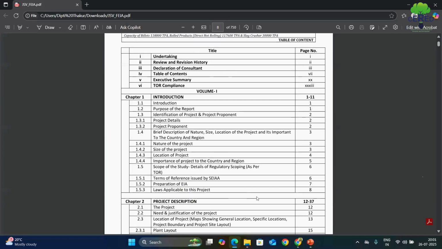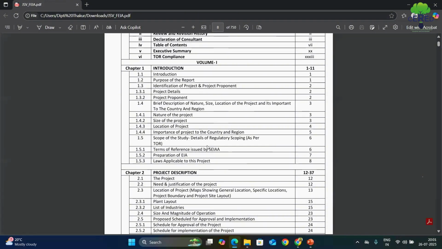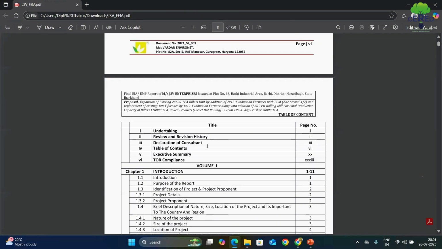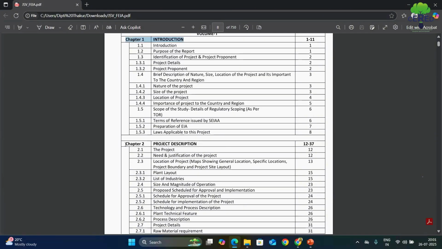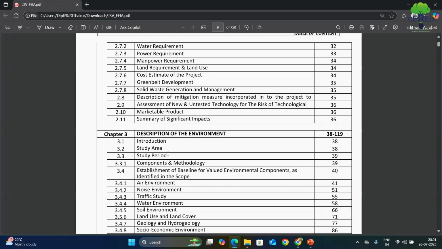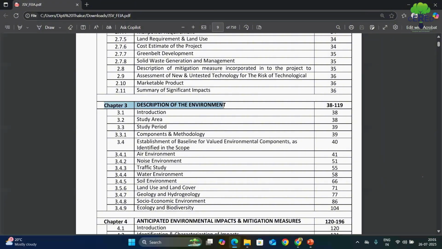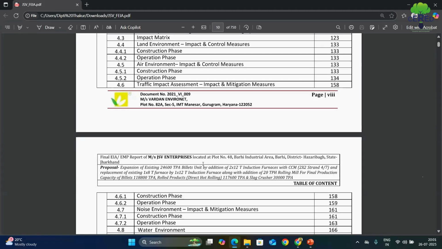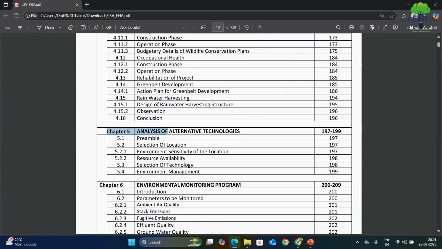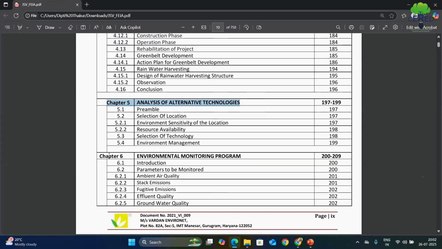So let's continue with the chapters of EIA, and this is how the EIA report is prepared. The first chapter is introduction. The second chapter is project description. The third chapter is description of environment. The fourth chapter is anticipated environmental impact and mitigation measures. The fifth chapter is analysis of alternative technology. The sixth chapter contains the environmental monitoring program.